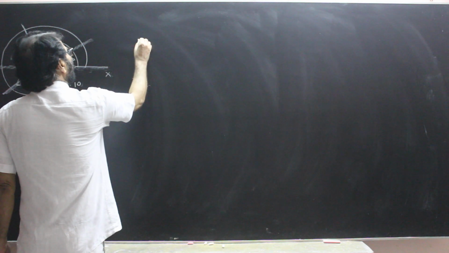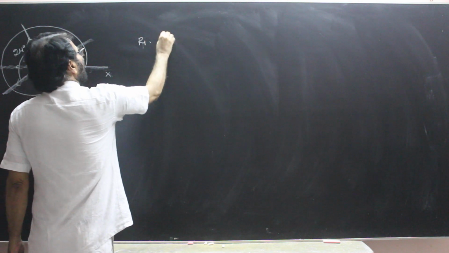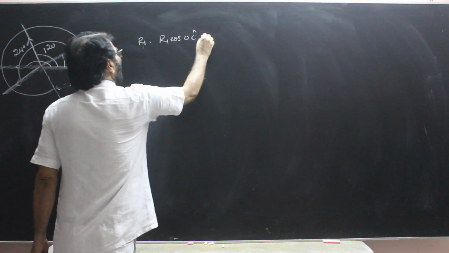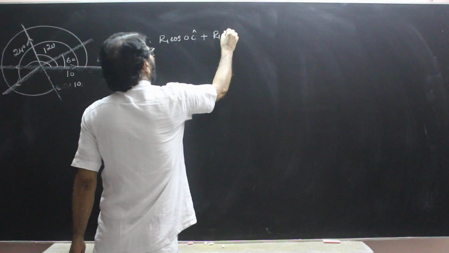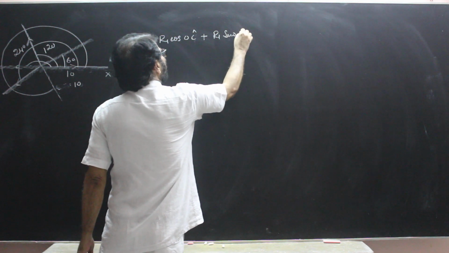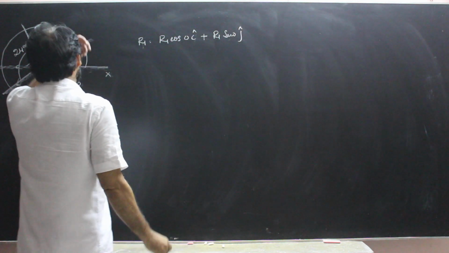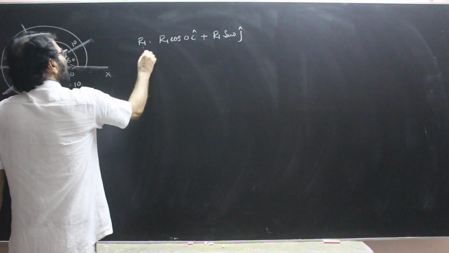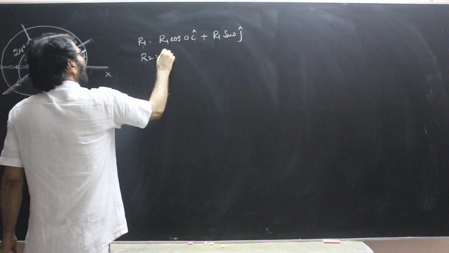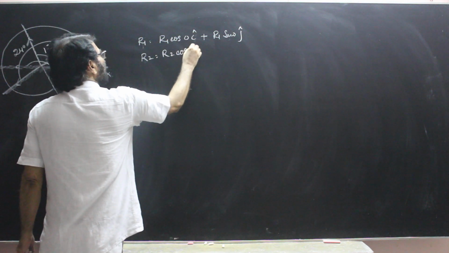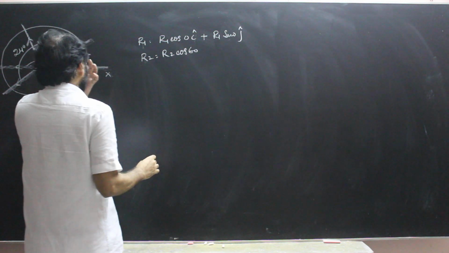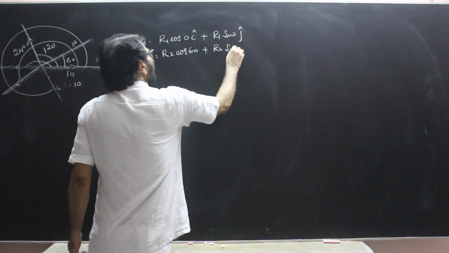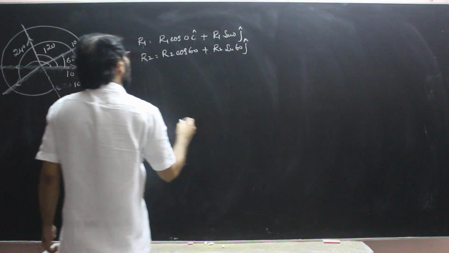Now the first vector R1 is R1 cos 0 i plus R1 sin 0 j. The second vector, again of the same magnitude, R2 is R2 cos 60 i and R2 sin 60 j.